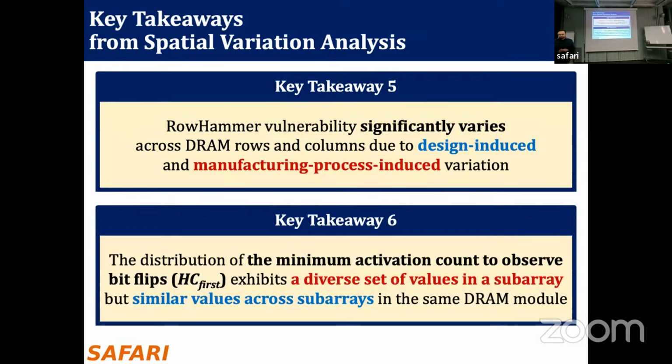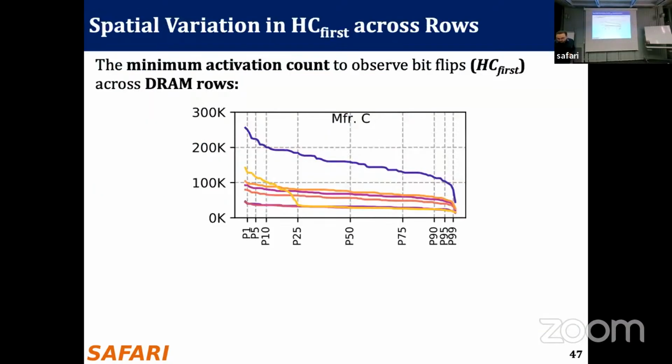And when we look at the minimum activation count to observe the first bit flip, or HC first, it exhibits a diverse set of values across rows in a given subarray. But when you look at distributions across subarrays in a DRAM chip, you see some similar distributions.